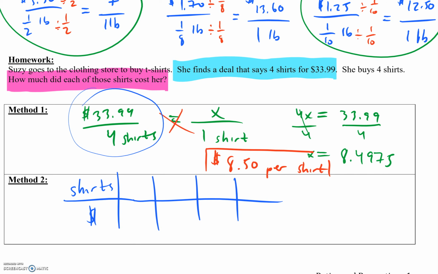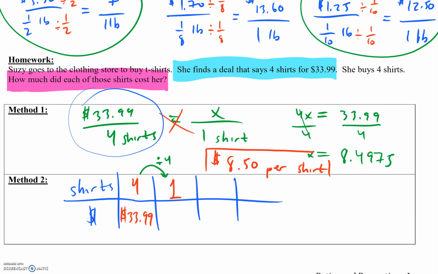Now in the first column, we're going to start with what we know. And we know that her deal is 4 shirts for $33.99. So 4 shirts for $33.99. And we want to know how much one shirt is. So to go from 4 to 1, we have to divide by 4. 4 divided by 4 gives me 1.